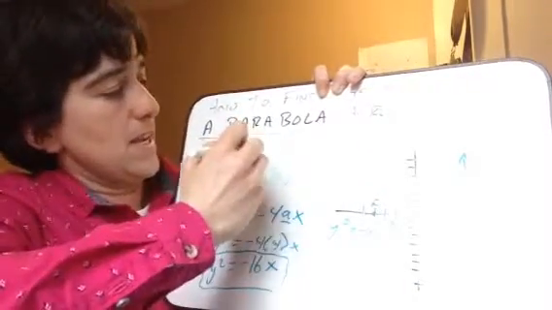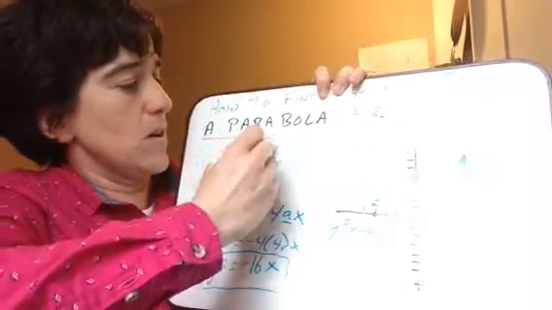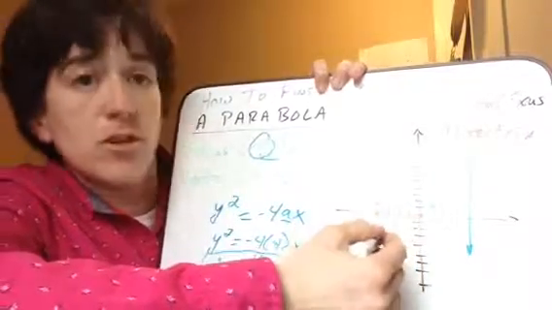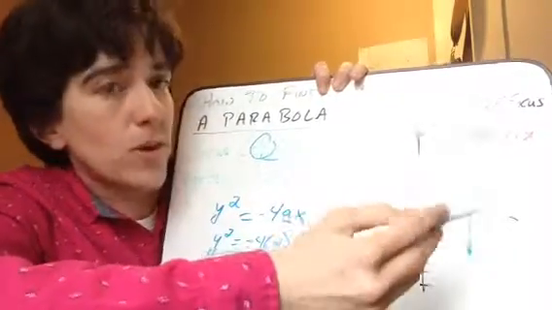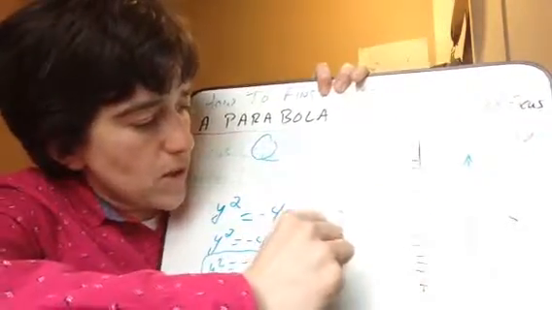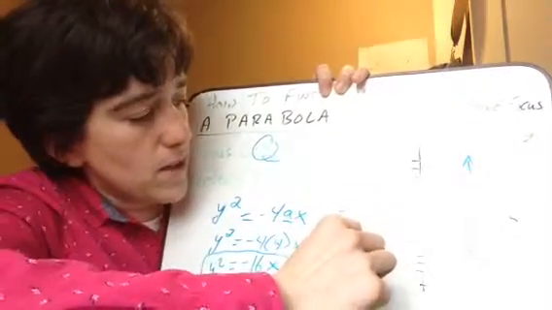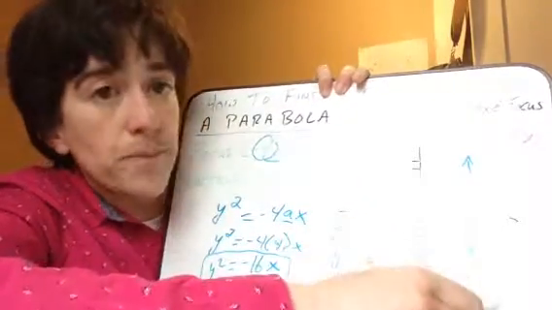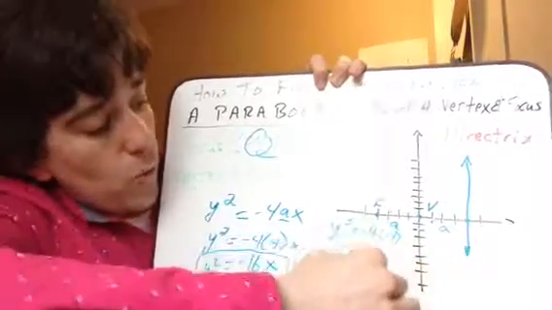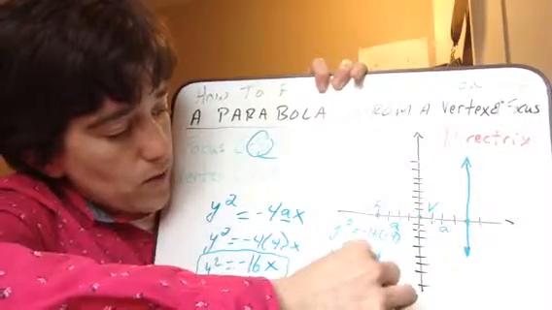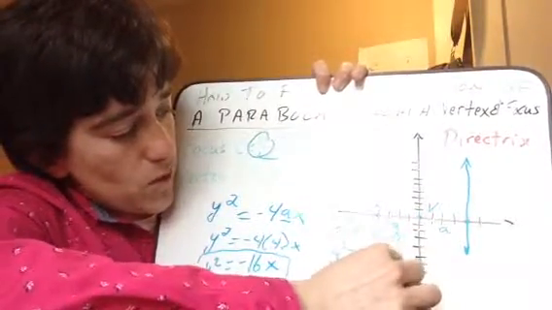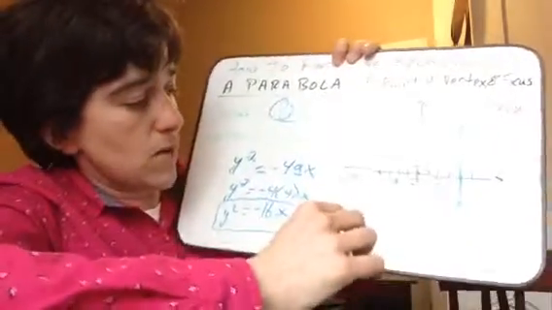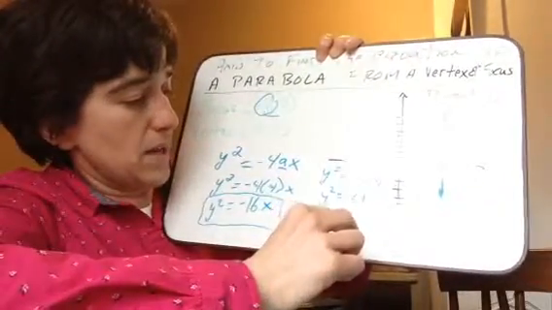Notice I've taken the x value of my focus and substituted it in for the x. That's really quite important, because now I know that y squared is equal to 64. And I can solve for y by taking the square root of 64, which comes out as plus or minus 8.